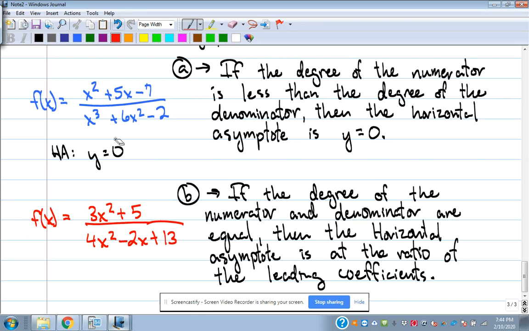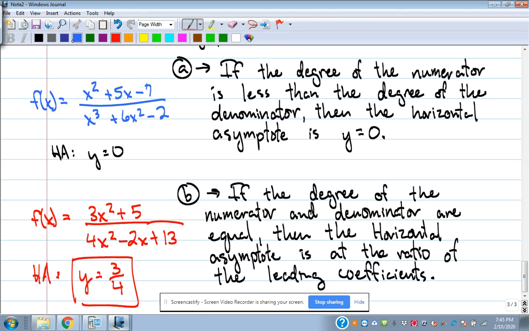The degree of the numerator is 2. The degree of the denominator is also 2. They're equal. So the horizontal asymptote is at y equals the ratio of the leading coefficients. The leading coefficient is the number in front of the variable with the highest power. So 3 over 4.